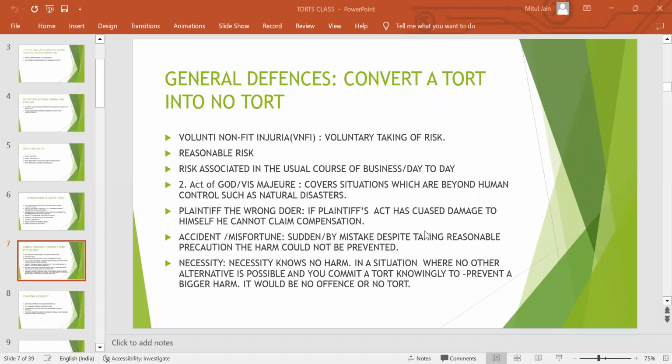Now, do you think these people should be given the defense of necessity, or they have committed a crime, tort, whatever? Is the question clear?